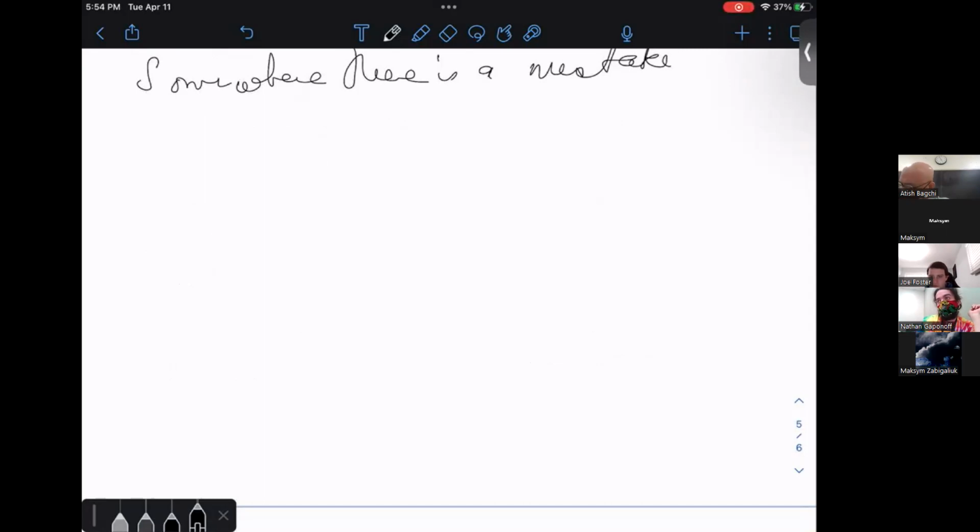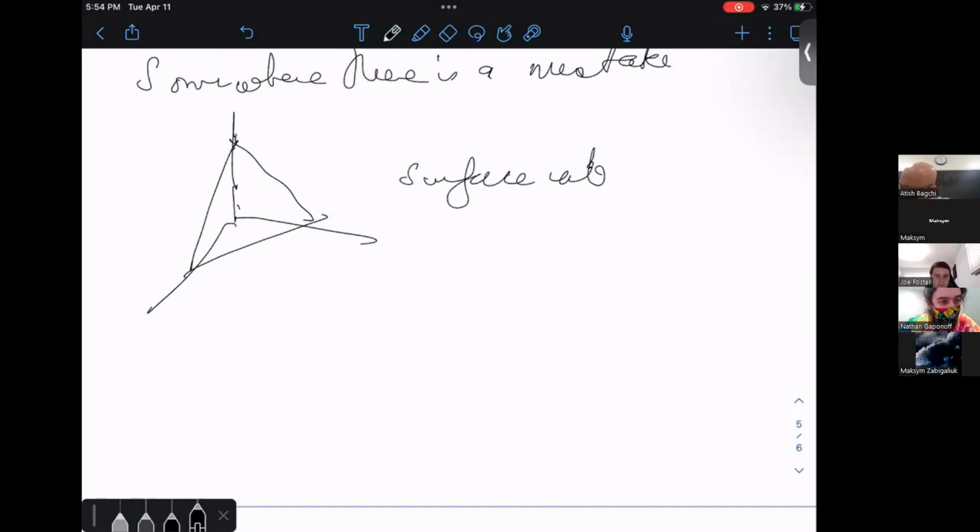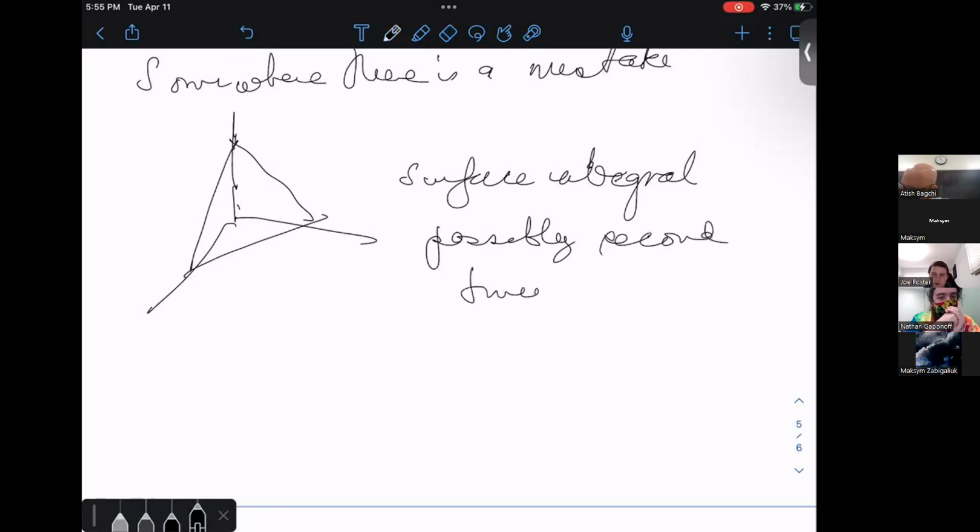Okay, so let me calculate the surface integral. I think I calculated the surface integral, but maybe I didn't. So I will calculate it once more. So this is the surface integral, possibly second time. This is x plus y plus z is equal to 1.